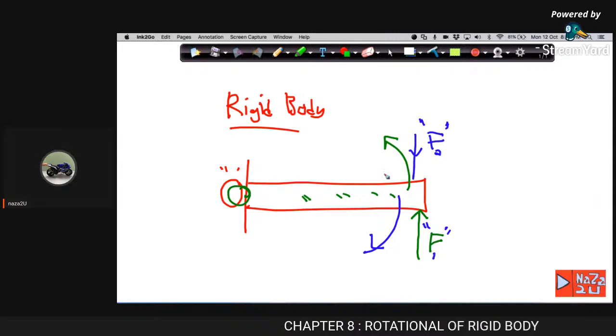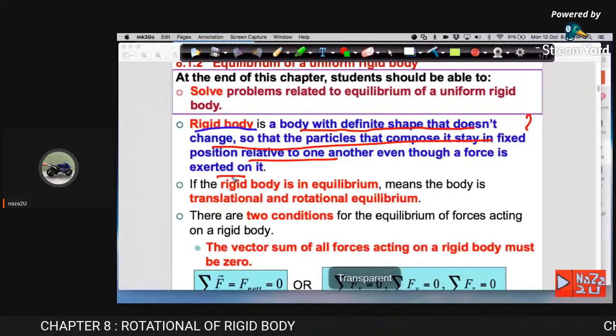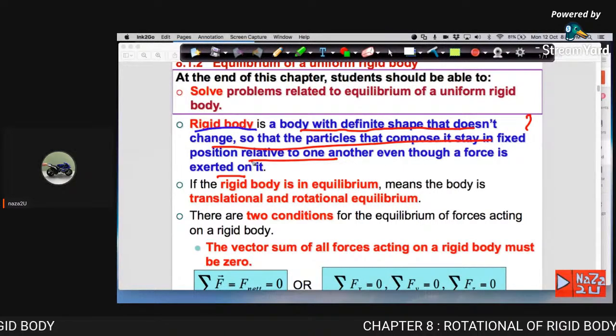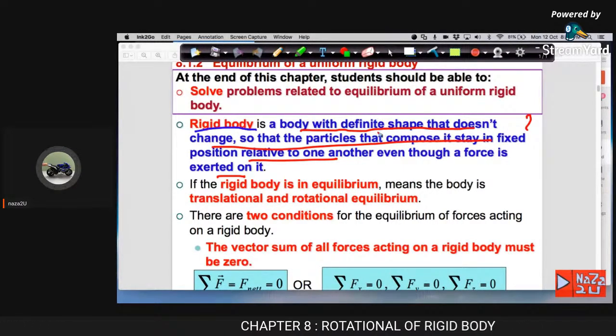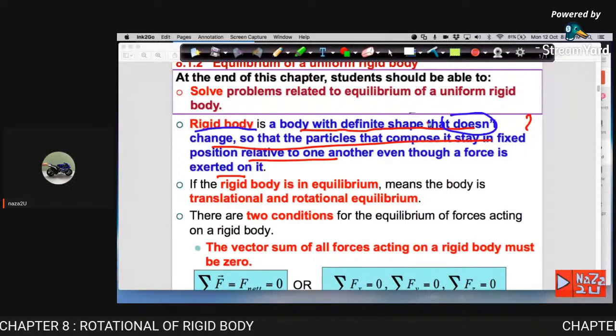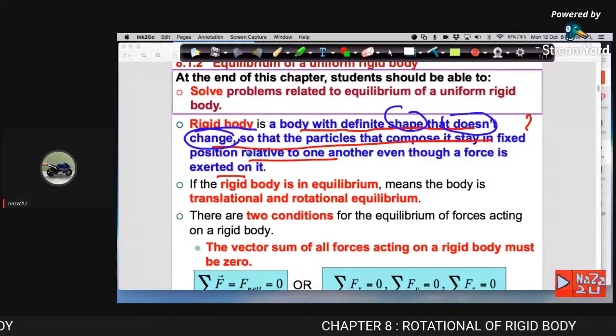So the force does not change the shape. If you look at the definition of the rigid body, the shape doesn't change, but it has movement, the rotation.